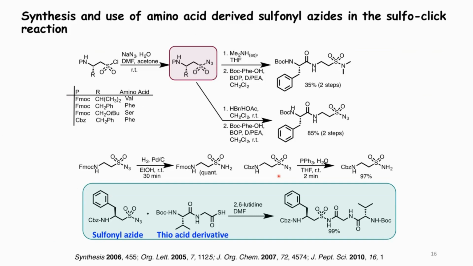One of the nice things was that we could easily prepare the sulfonyl azide. Also, it was resistant to many organic chemical conditions. It was easy to prepare the thio acid, and the sulfo-click reactions were very complete. And I just want to show you where it has been very useful.